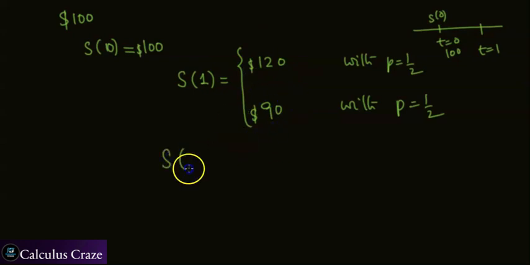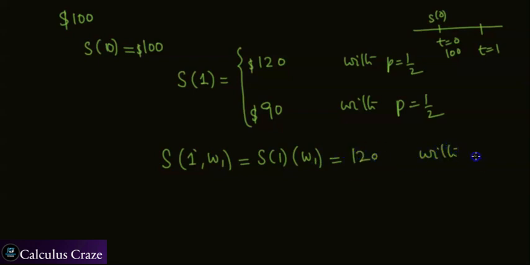So one can say that S of 1 at scenario W1 is equal to 120 with 50% chance, or one can say that my random variable at time 1 will take 120 with probability 50%.